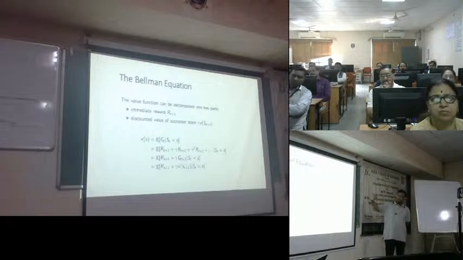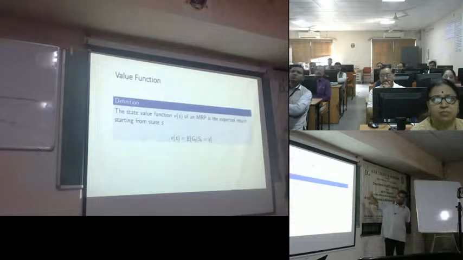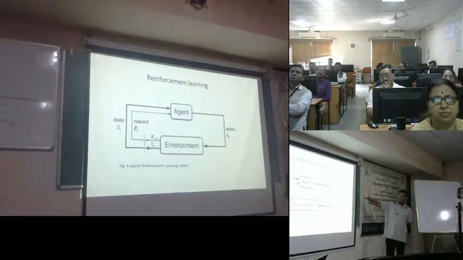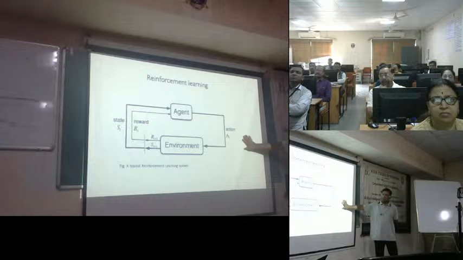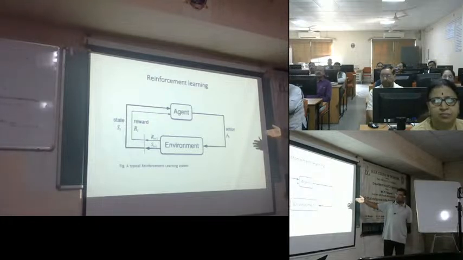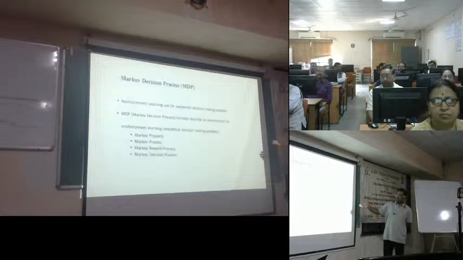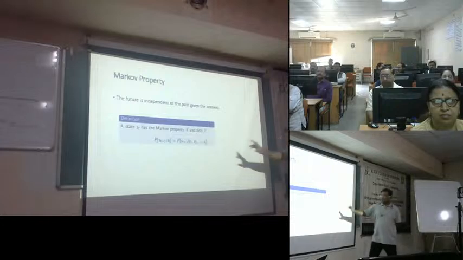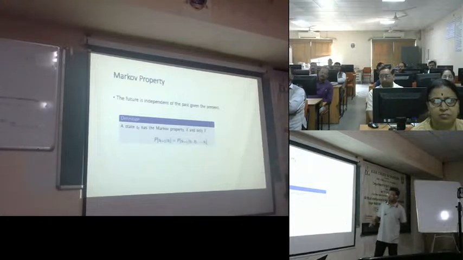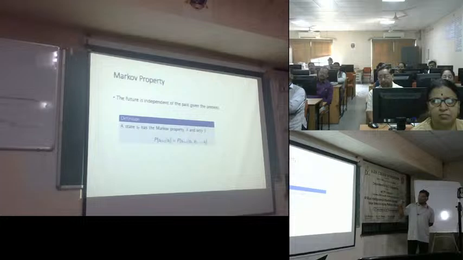Okay, so let's go back through all the slides and see all of these things. So this is our model of reinforcement learning. Next, next, next. So this is the probability. This is the Markov property, that the probability only depends on the current state.